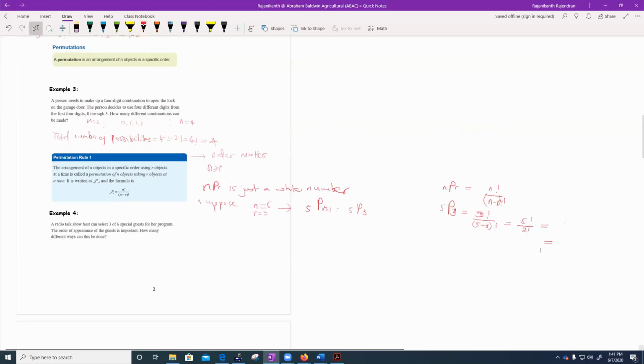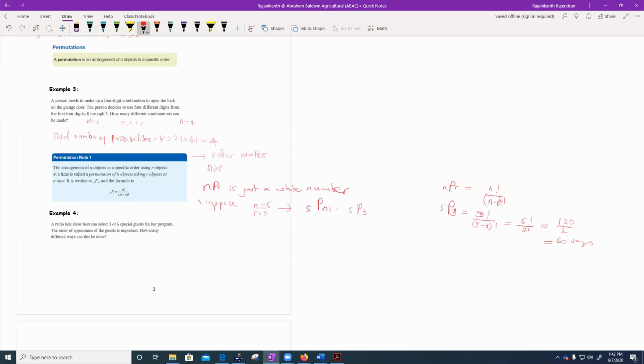It should be 60. So there are 60 different ways you could arrange 3 objects from 5, choosing 3 objects at a time and putting them into order.